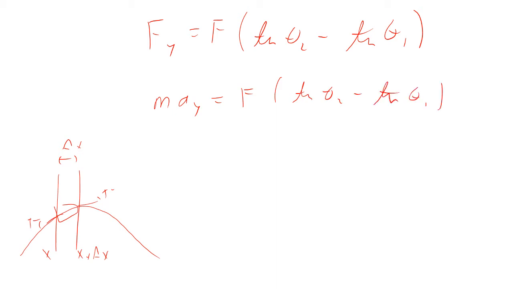Now, m is going to be mu delta x, and a_y is the second derivative of y with respect to time squared, but I can just leave it as a_y for right now. So m a_y equals F times tangent theta 2 minus tangent theta 1.